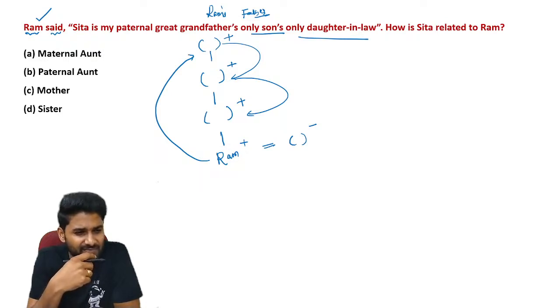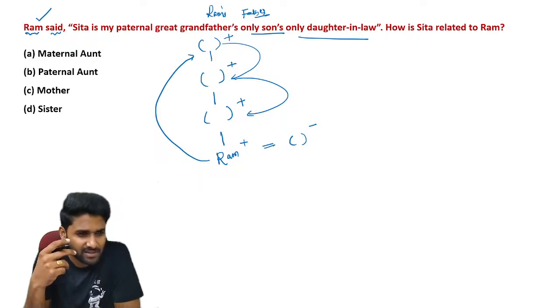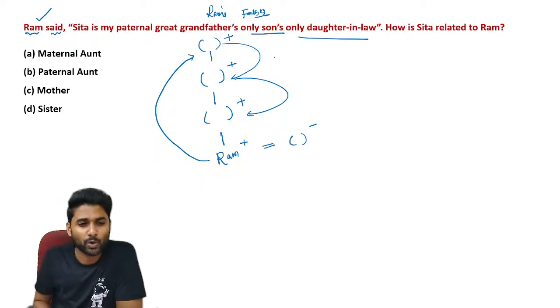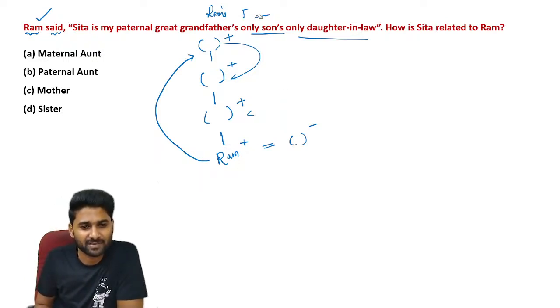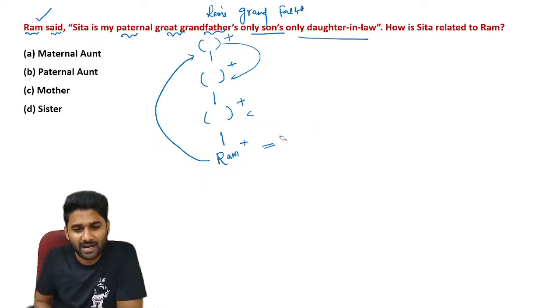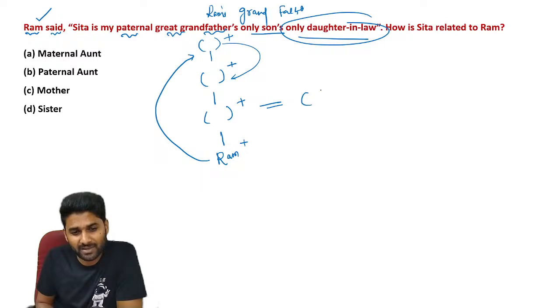Let me check once here in case I miss anything. Paternal great grandfather's only son is Ram's grandfather. Ram's grandfather's only son's only daughter-in-law is Ram's mother.